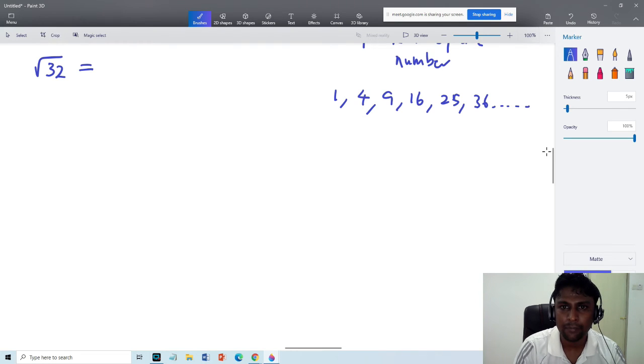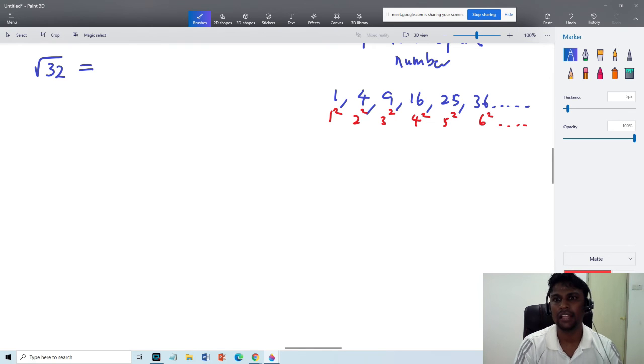Where do I get these numbers? 1 square, 2 square, 3 square, 4 square, 5 square, 6 square, and so on. That's why you get these numbers.